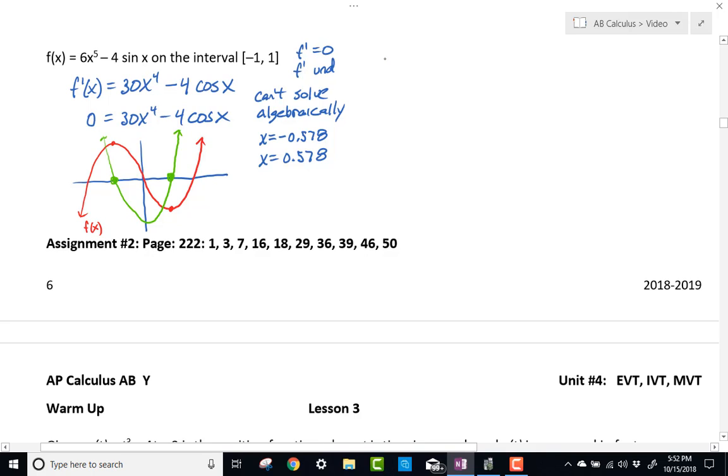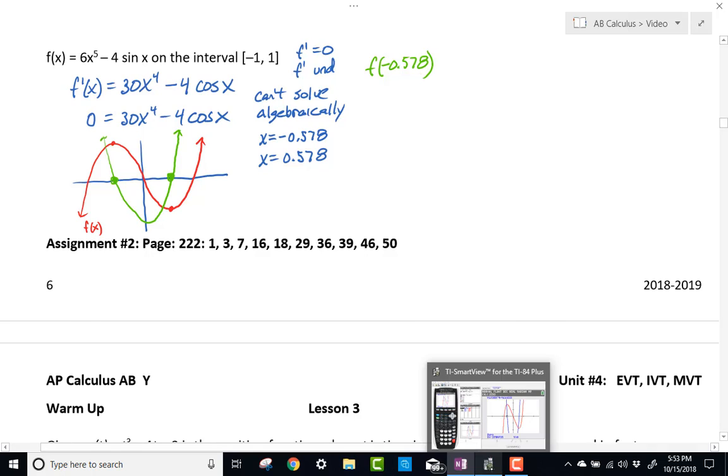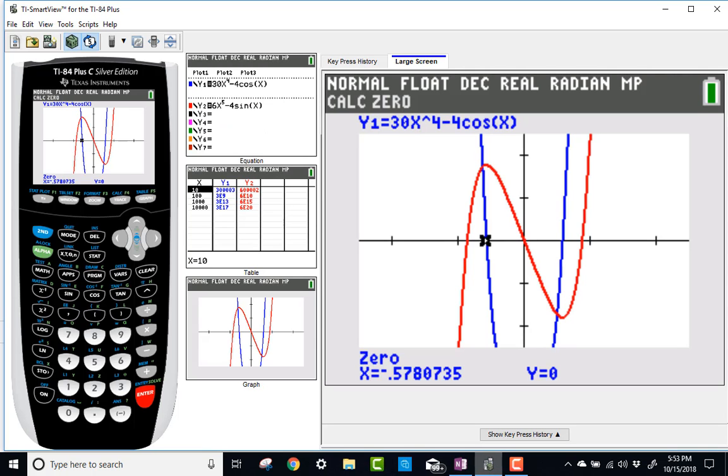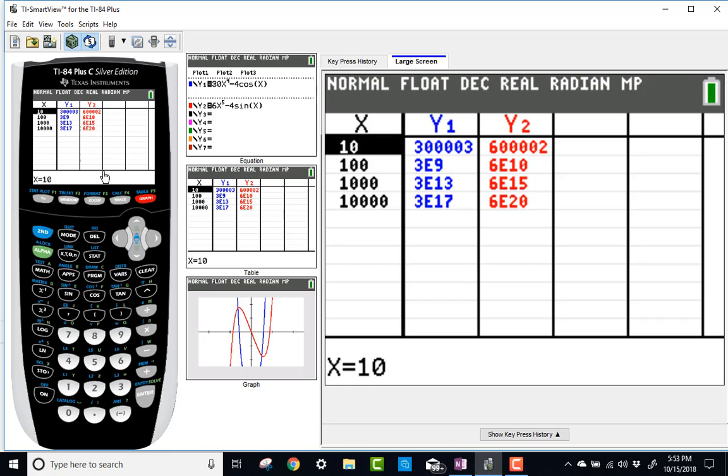All right, here we go. Let's check them out. So critical values, let's do f of negative 0.578. I'm going to cheat and go back to my calculator, into the table, second table. I'm going to delete this stuff.